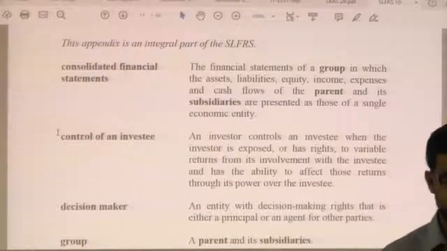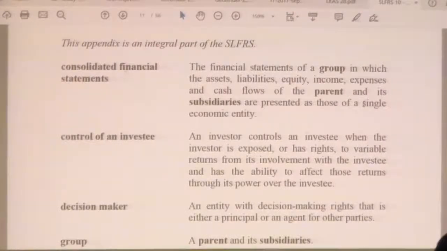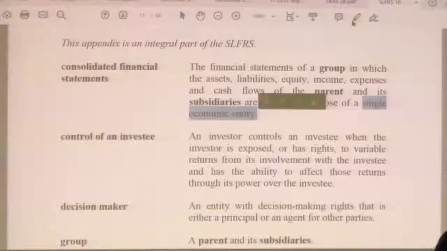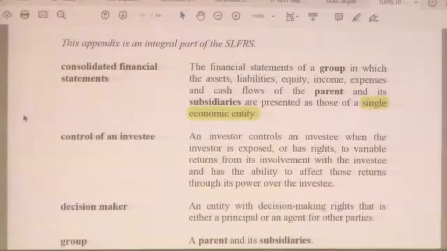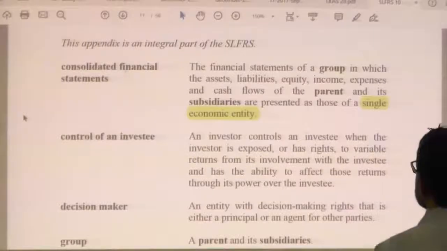Single economic entity. This is a very important phrase for me. Fine, done. So we have done the SLFRS 10 standard.